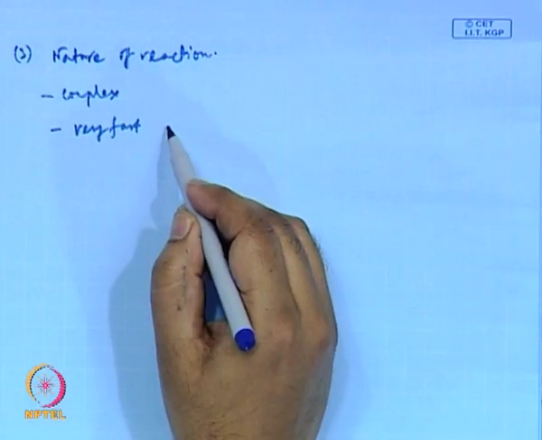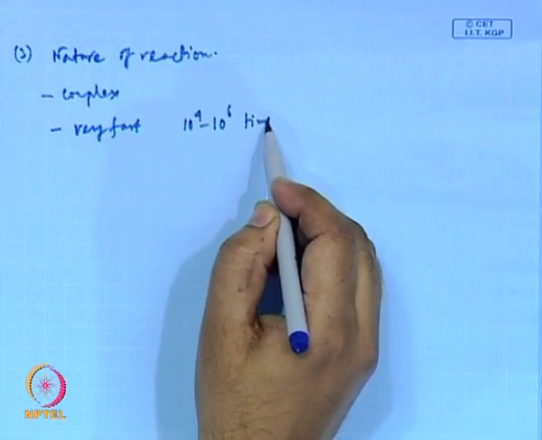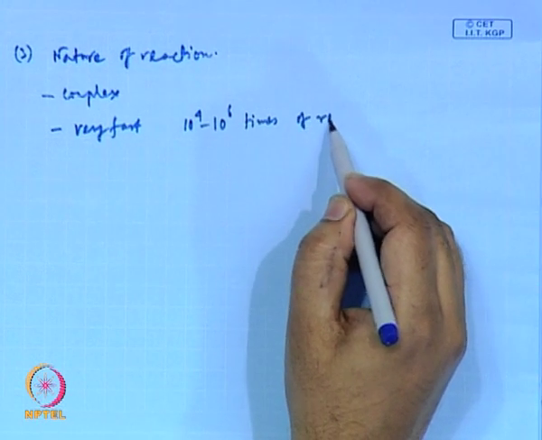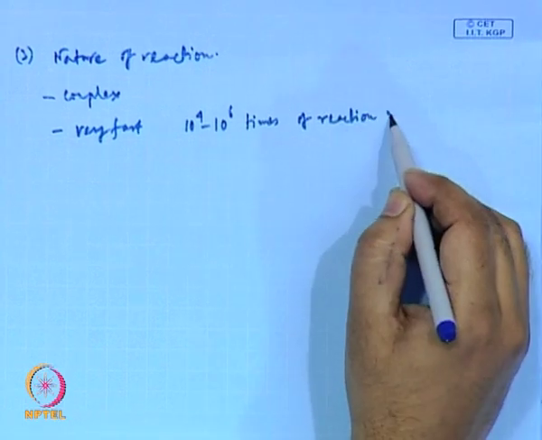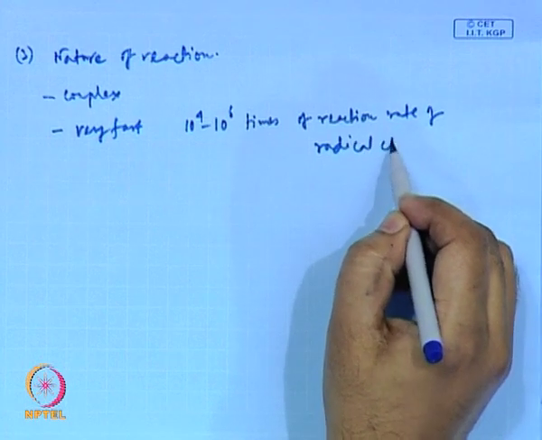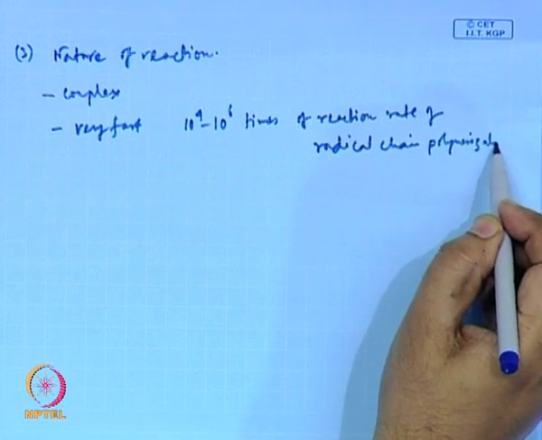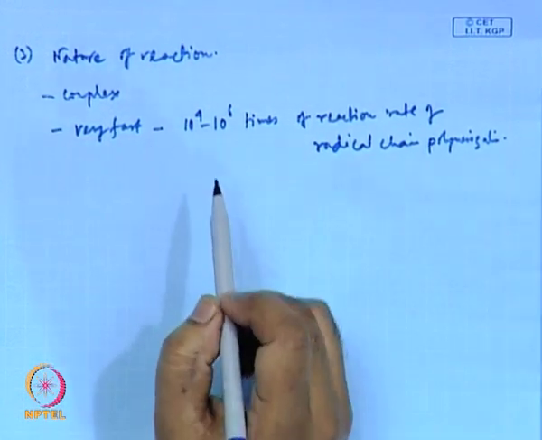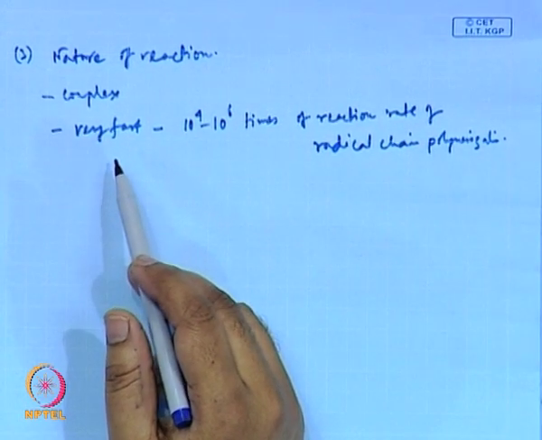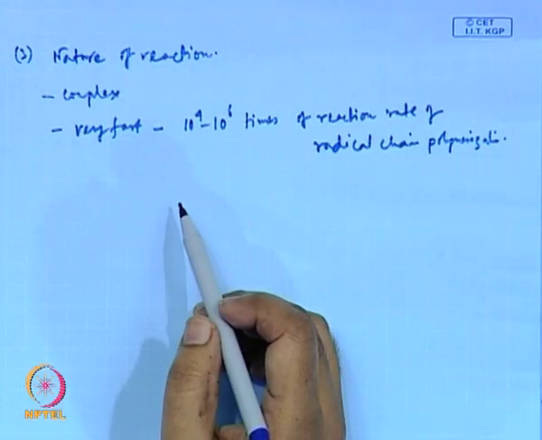They are about 10 to the power 4 to 10 to the power 6 times the reaction rate of radical chain polymerization. This fast nature of the reaction is due to the accumulation of these active centers.